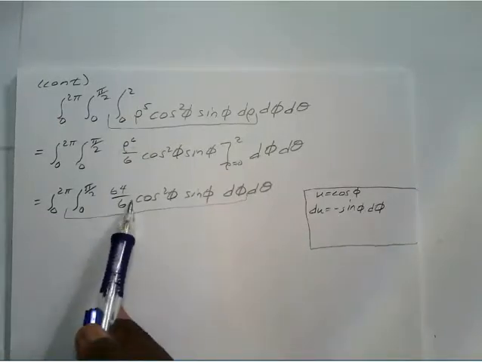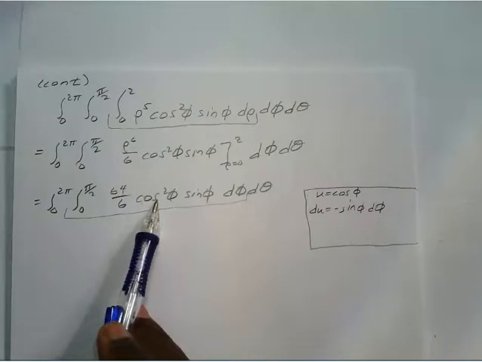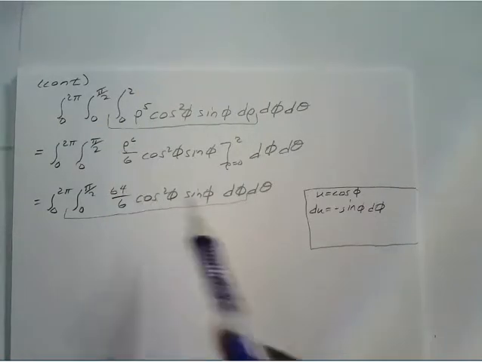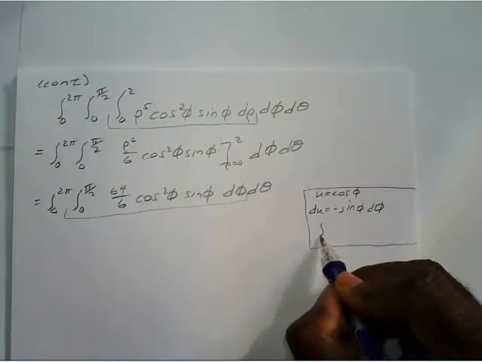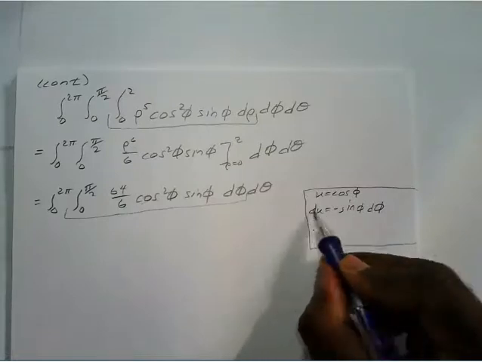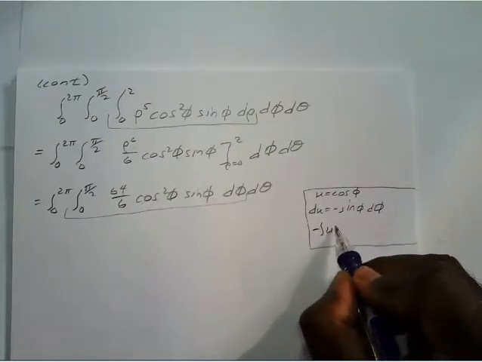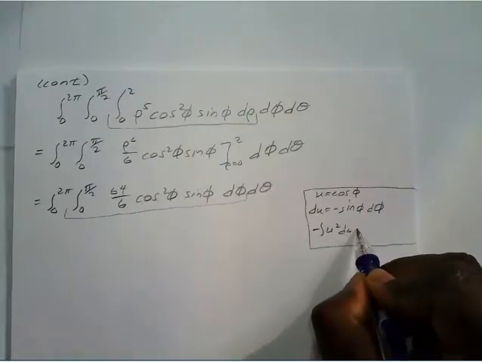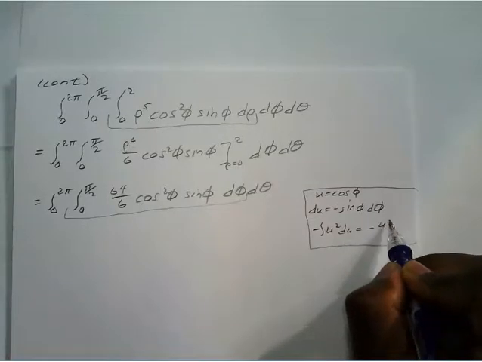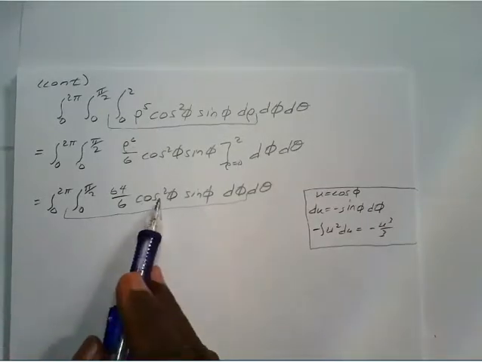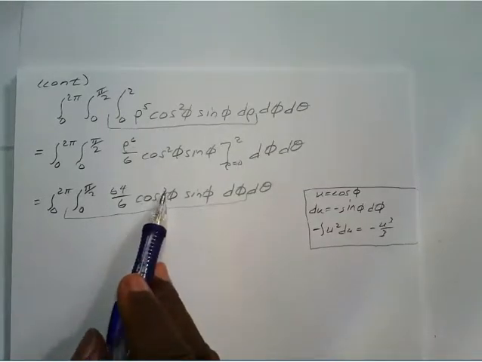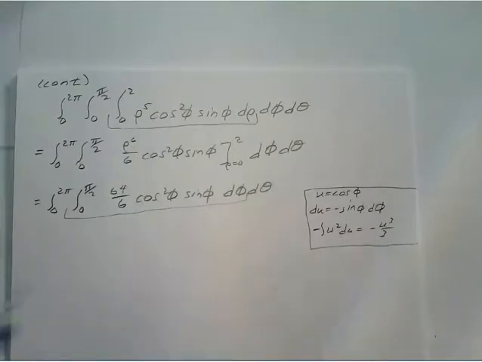So that means if we integrate our u squared, because remember this is just u squared, and that negative, we can pull that right out to the front, negative u squared du, that would equal negative u to the 3rd over 3. So that would be negative cosine to the 3rd over 3.